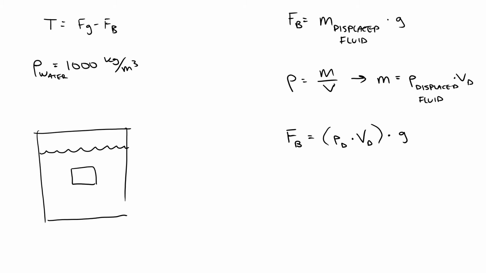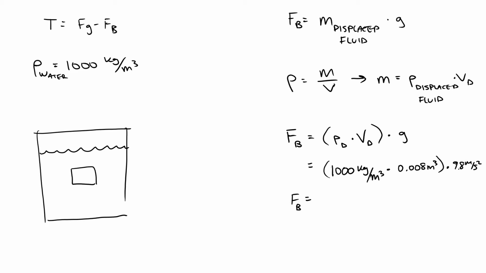So then we have 1,000 kilograms per cubic meter times 0.008 cubic meters times 9.8 meters per second squared.